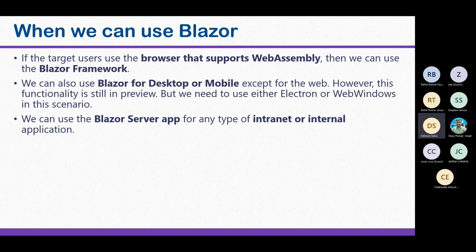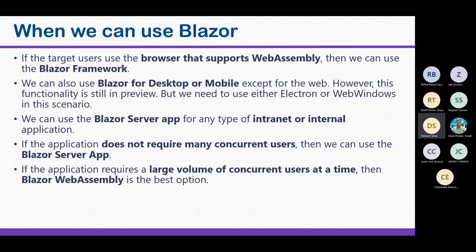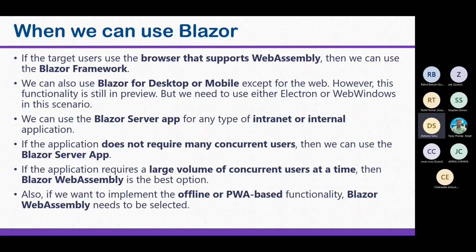We can use the Blazor server app for any type of intranet or internal applications where we do not have a large number of users. If the application does not require many concurrent users, then the Blazor server app is one of the best options. But if the application requires a large volume of concurrent users at a time, then Blazor WebAssembly is the best option, because in that case it does not require extra load on the server, as everything is executed from the client machines or browsers.